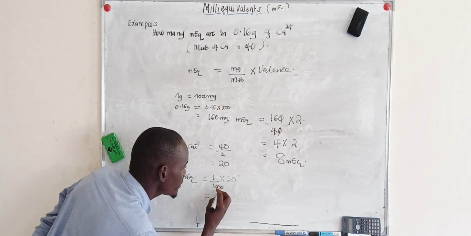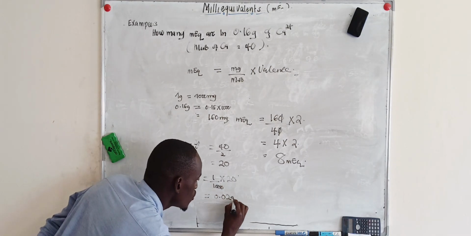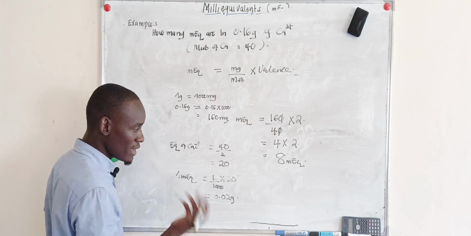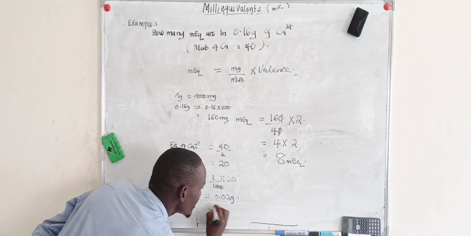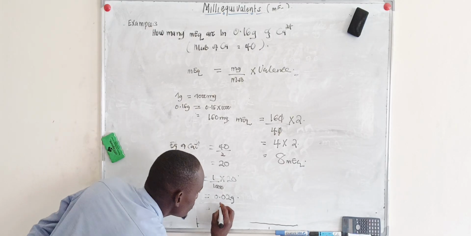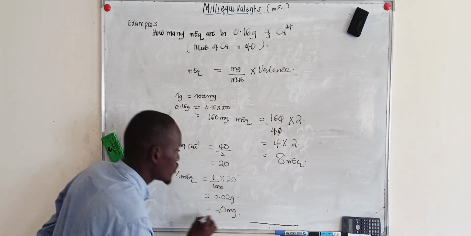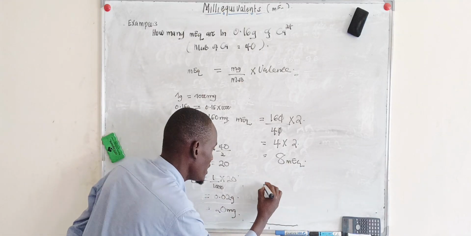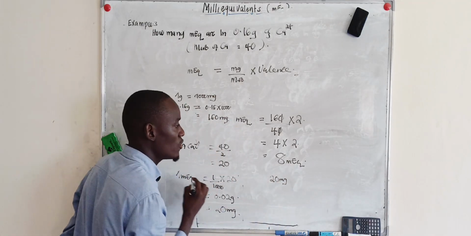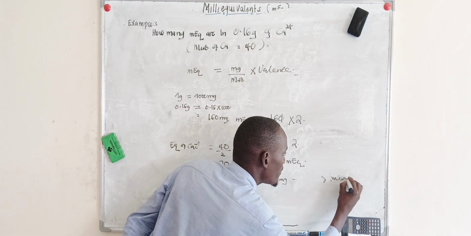When we compute this, we shall get 0.02 grams. But remember, we say it should be in milligrams, so we multiply this by 1,000 and get 20 milligrams. So from here, we say that 20 milligrams of calcium ions contain 1 milliequivalent.